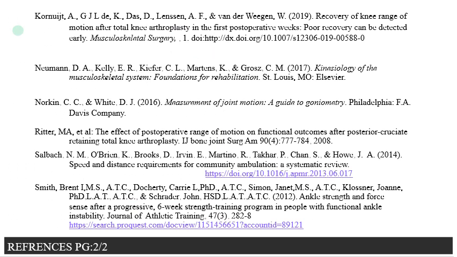All right, here's our second page of references, and we have one more study that we didn't really talk about, but it's really important for patients with lower extremity injuries, and that's speed and distance requirements for community ambulation.